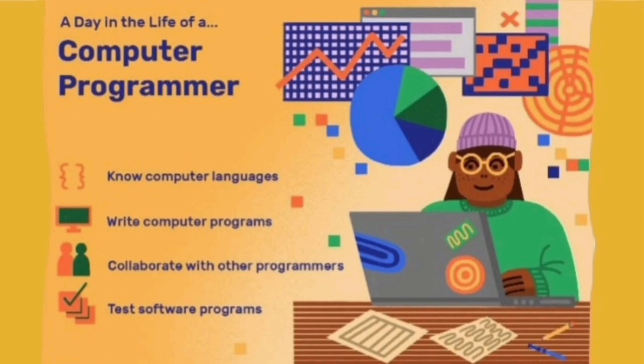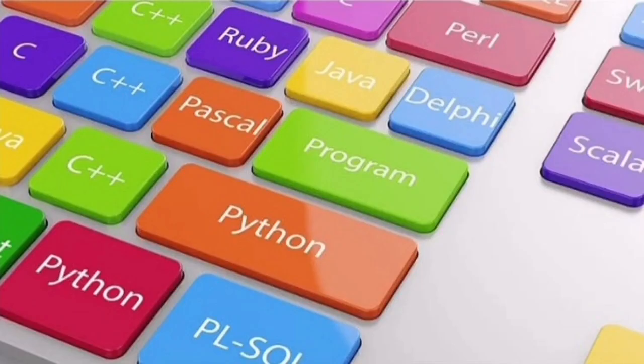There are approximately 700 languages in computer programming. Some popular languages are Java, JavaScript, Python, HTML or hypertext markup language, BASIC, C++, C#, Scratch, etc.